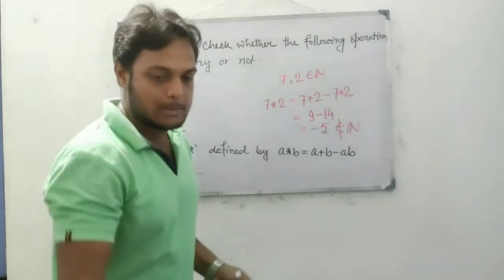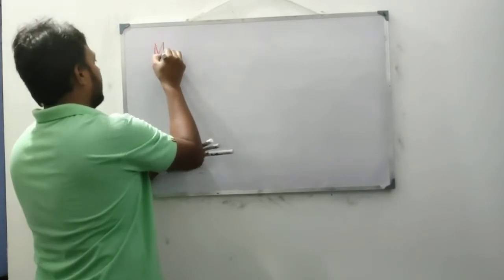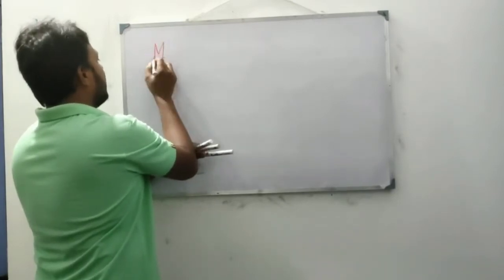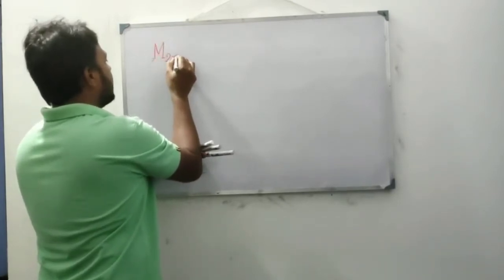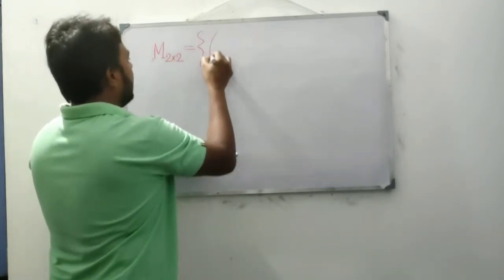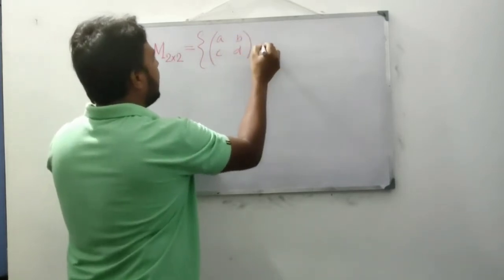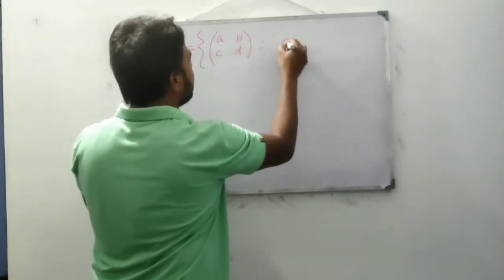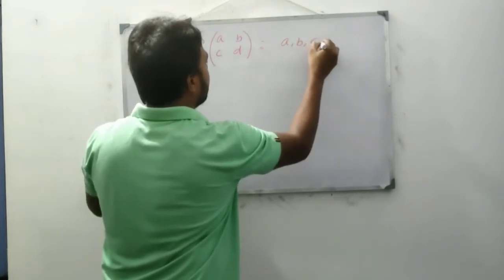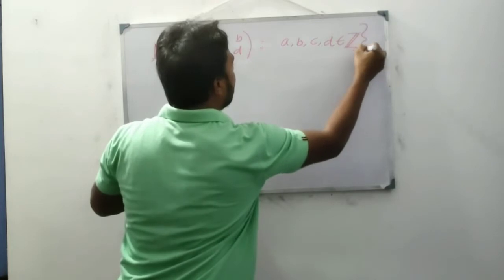Next, M is the set of 2 cross 2 matrices with entries A, B, C, D, where the entries come from the integers.